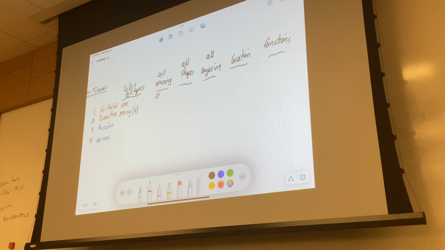Connective tissue has a lot. There's 3 shapes of epithelial cells, and there's many shapes of connective tissue cells. And we'll talk about what those 3 shapes are at the bottom of this.